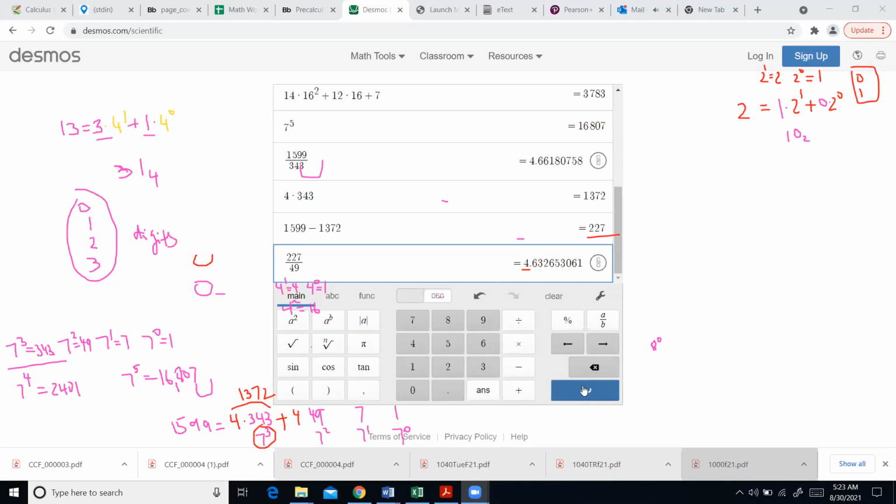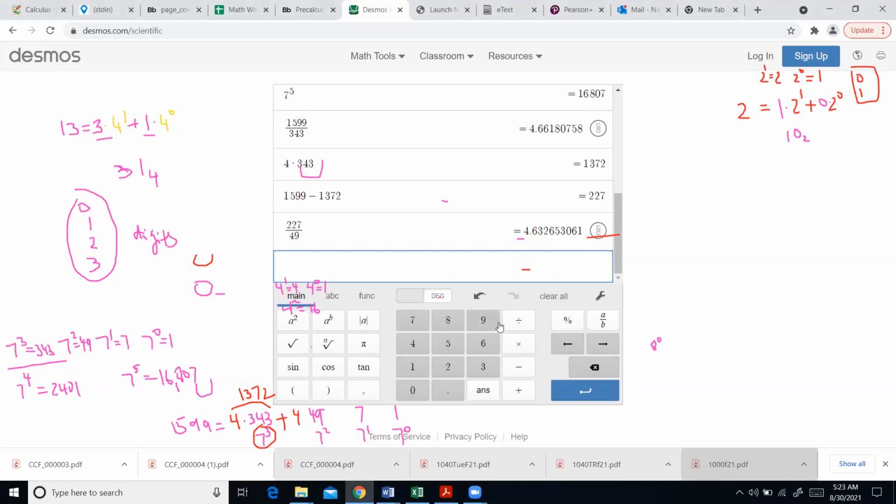So anyways, when you take 4 now and multiply it by 49, you got 4 times 49, you get 196. So this be another piece. So this is 196.